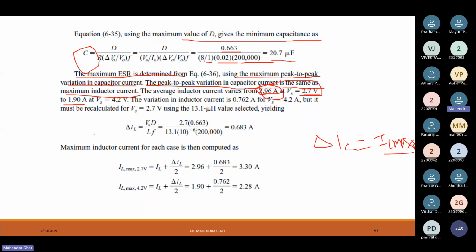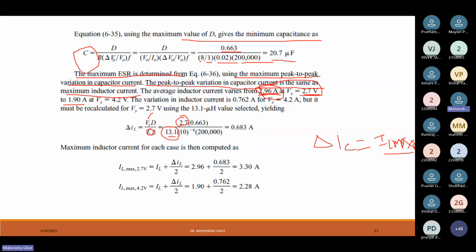So what we have to do: delta IL = Vs d / (L f). Now Vs we have considered as 2.7 here, but the inductance value which was the worst, that we have considered. If I take the 7.2, I will get this value. But now we are not considering the inductance value as 7.2, we are considering 13.1.